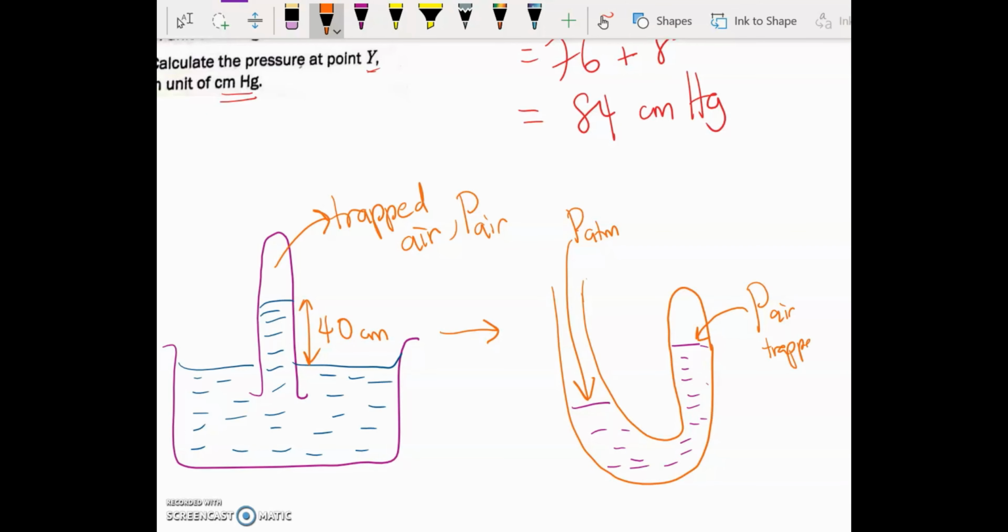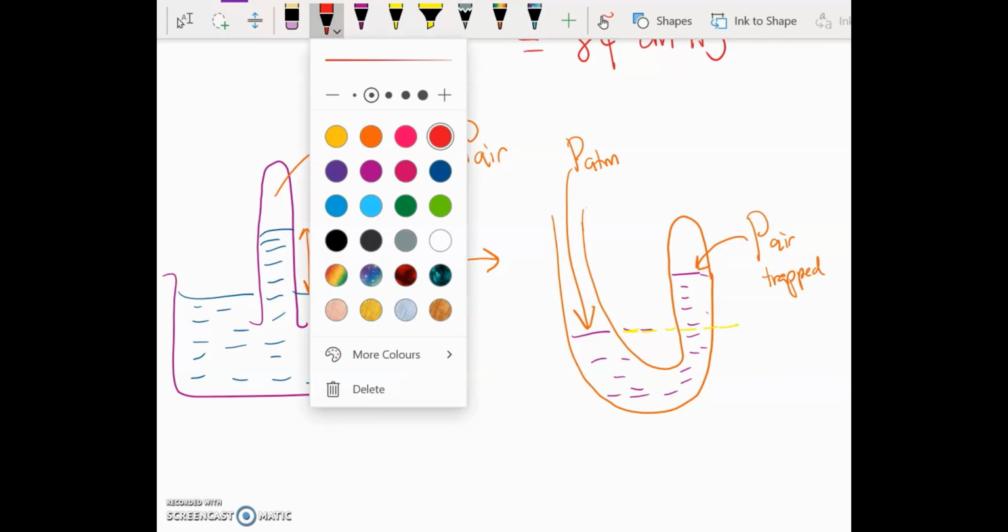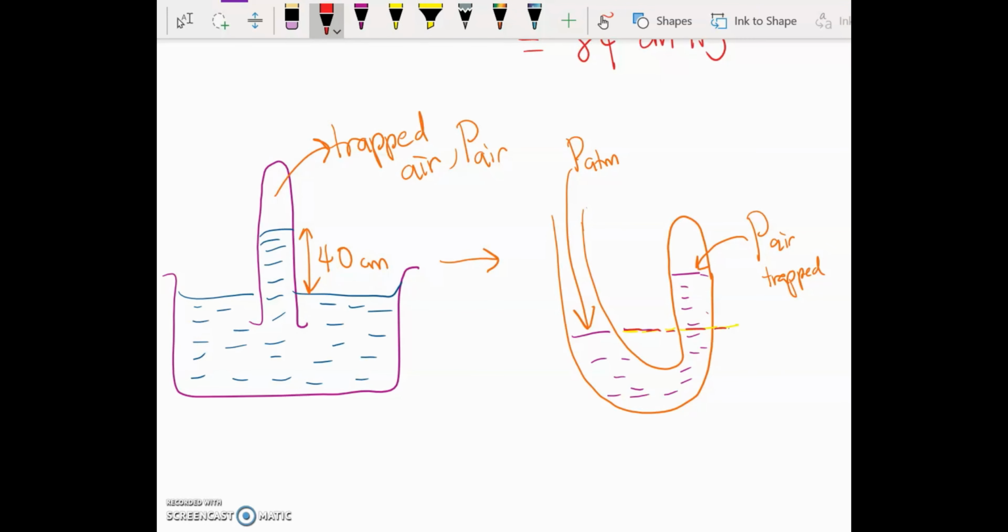To find the pressure of the air trapped, you need to determine the difference in the level of mercury first. Okay, change to red. The difference here is 40 centimeter.